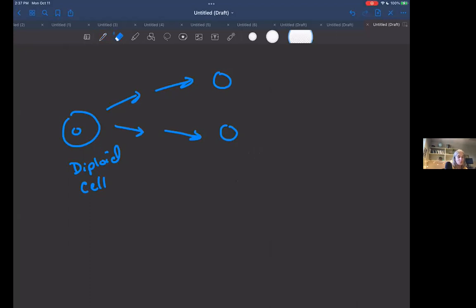We'll talk about this in more detail, but I just wanted to point out that this process is what we call meiosis.